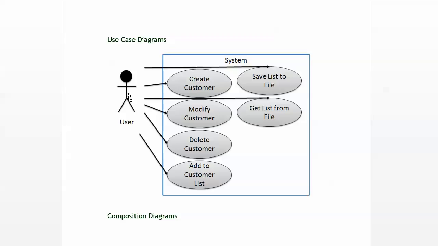Let's say that a web page interacts with the data files that your Python application makes. You would still use the little human symbol to indicate that software. I know it sounds weird, but an actor can either be a human or it could be some other application, another piece of software.